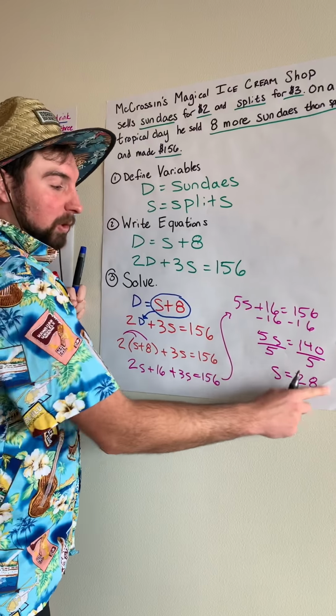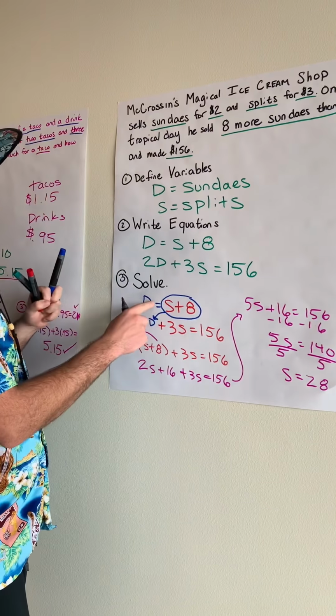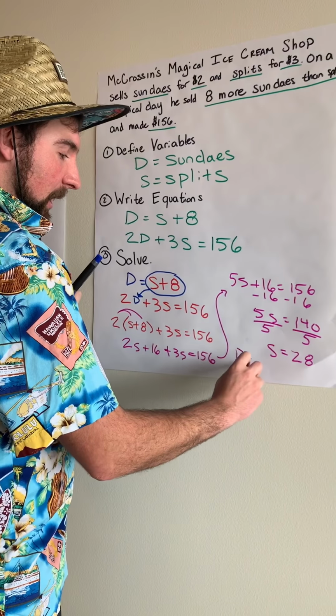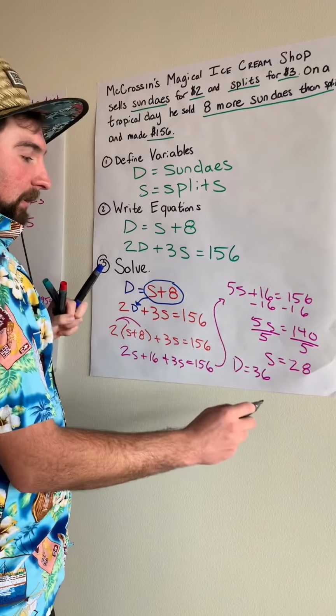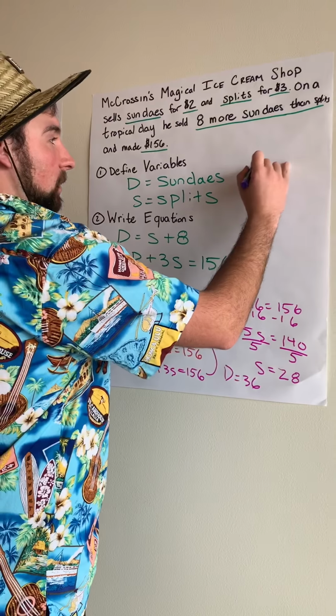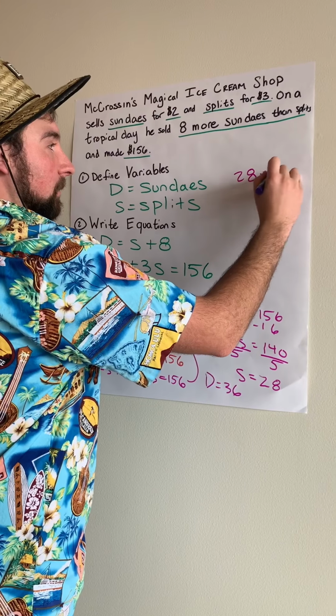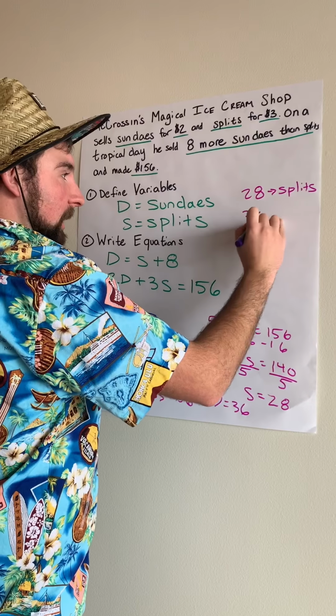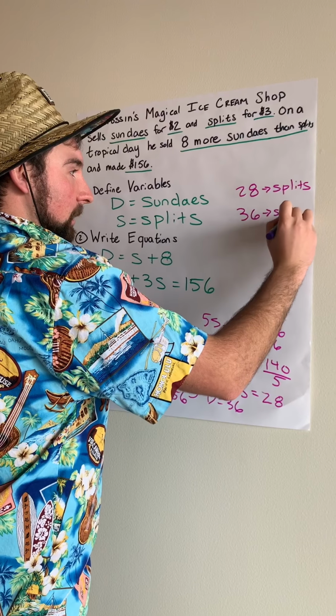And if I sold 28 splits, and I know I sold 8 more sundaes, I know my sundaes has to be 36 sundaes. So I have 28 splits and 36 sundaes.